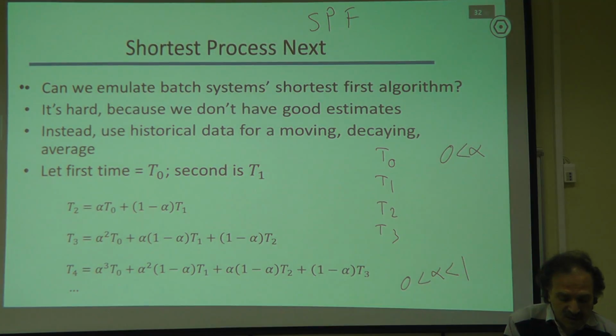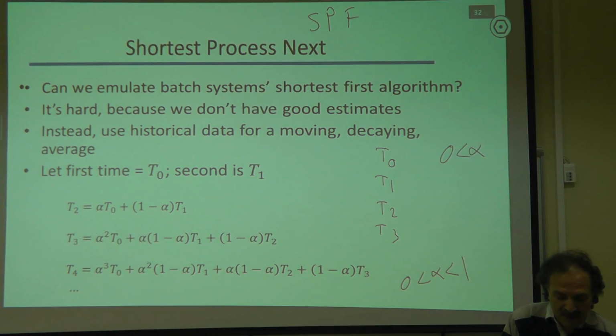So for each process, I can estimate how long it's going to run. When I know how long it's going to run, I choose the shortest process next. Because remember, when I choose the shortest process, it lowers the turnaround time, which is a good thing.